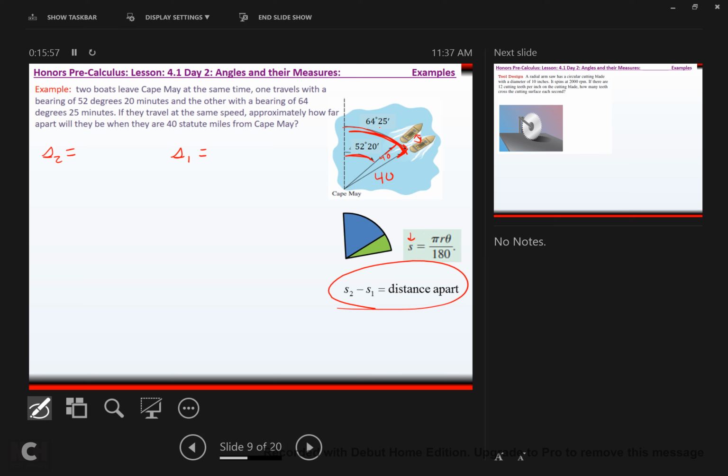The problem is they give us our angle in degrees and minutes. For 64 degrees 25 minutes, 25 divided by 60, this theta is going to be 64.42 degrees. And if I take 20 divided by 60, I get 0.3 repeating. So this theta is 52.3 degrees.